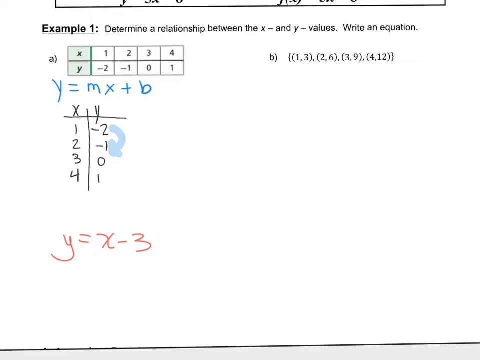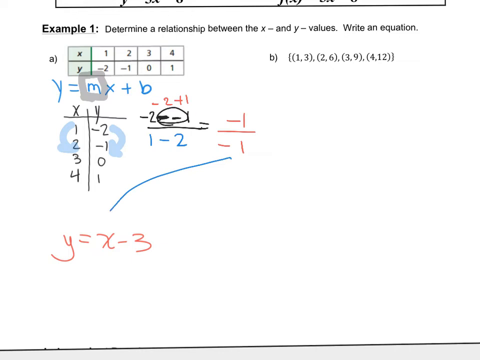Because the m is going to be the difference of the y's, -2 minus -1, over the difference of the x's, which would be 1 minus 2. That gives you -2 plus 1, which is -1. And 1 minus 2, which is -1. And that's +1. That's the one that goes here.